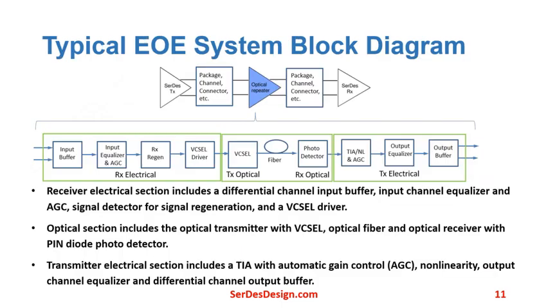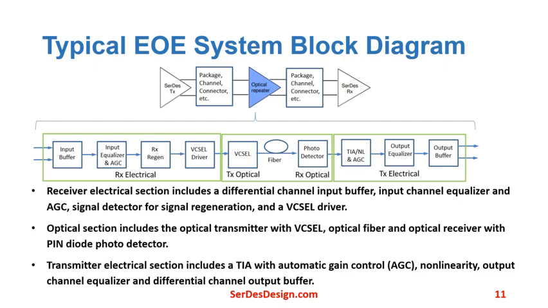Here's a typical block diagram for an EOE retimer used within a SerDes system. This figure shows such a typical block diagram, and the receiver electrical section includes a differential channel input buffer, input channel equalizer, an AGC, signal detector for signal regeneration, and a VCSEL driver.